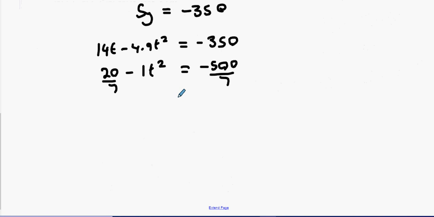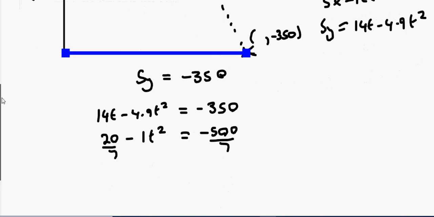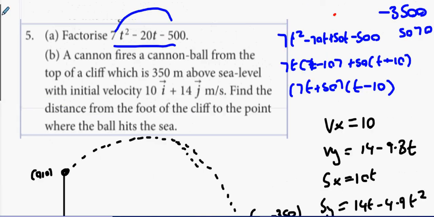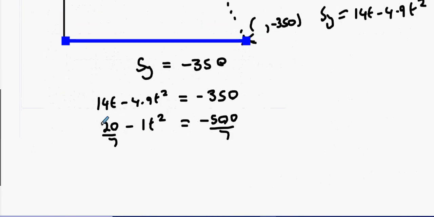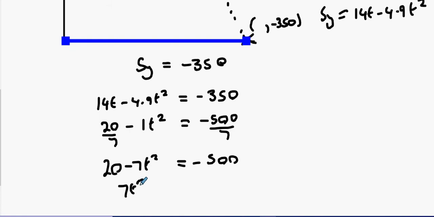And then if you get a common denominator, you're going to end up with that quadratic they asked you in part 1. The quadratic you did in part 1, you're going to end up with that in a second. So we're going to end up with 20 minus 7t squared equals minus 500. And you're going to end up with 7t squared. Where's the t gone? Oh, there's the t. Plus 20t plus 500.